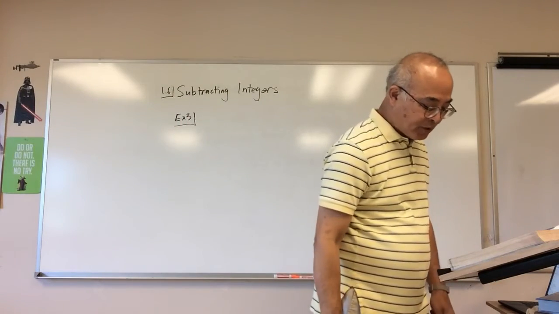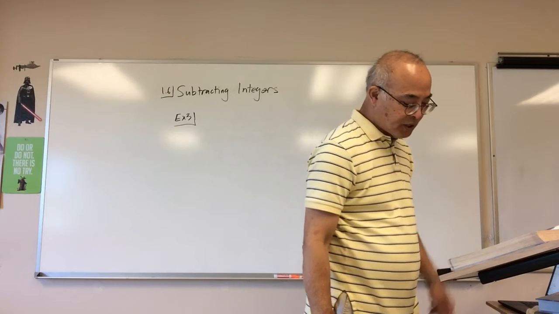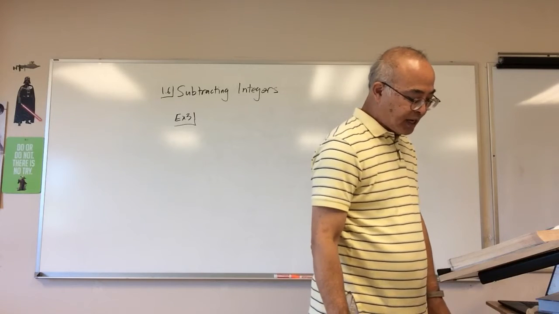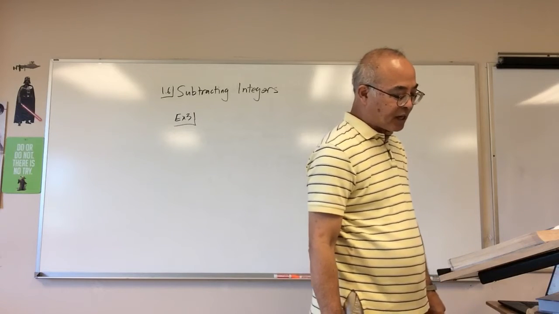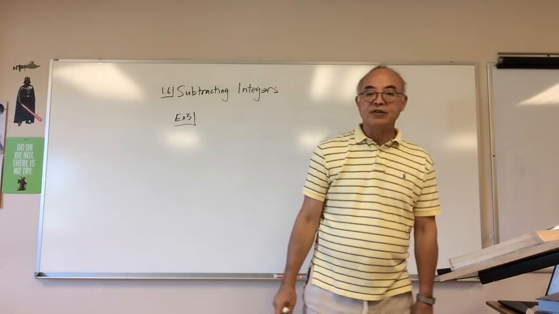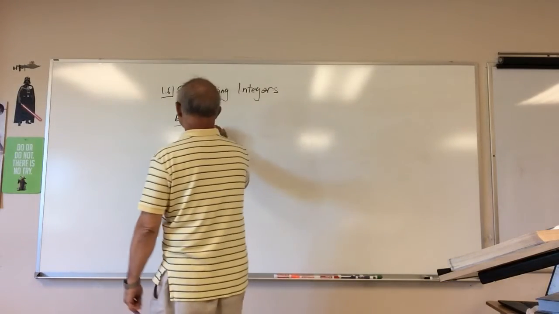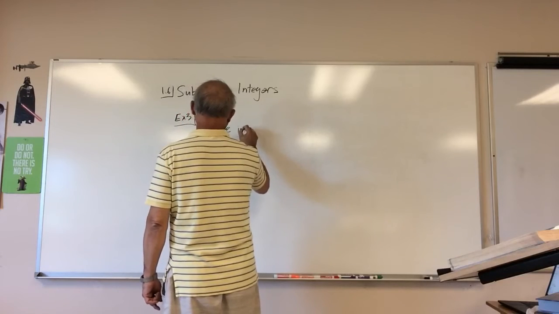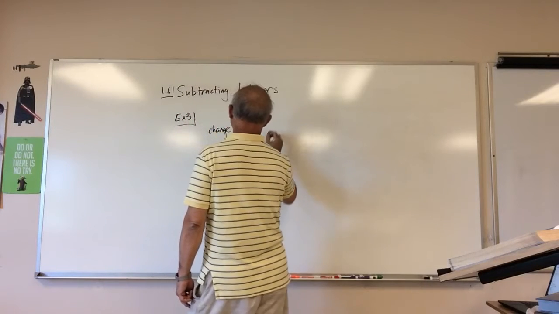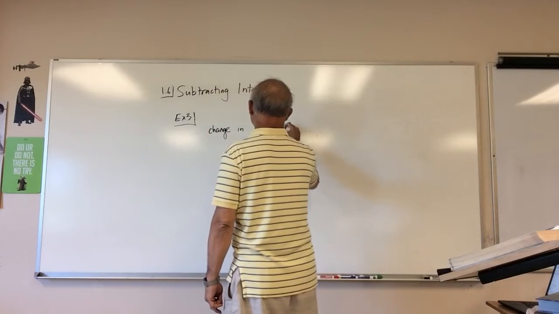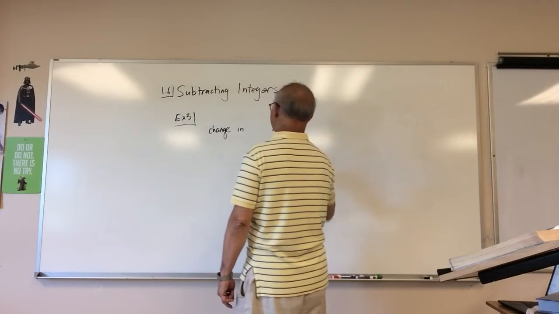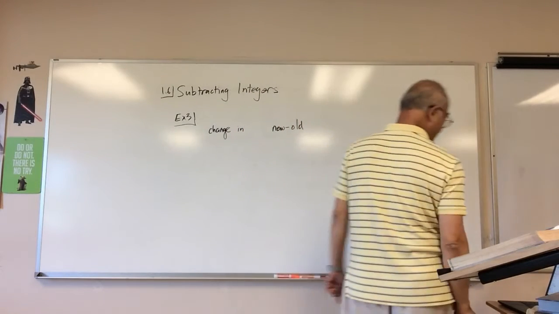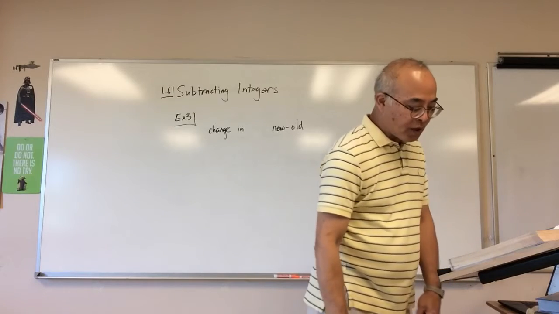Example number 3, to answer the question of elevation: the change in elevation is the new elevation minus the old. So whenever a question asks for the change in something, you always take the new and subtract out the old, okay? So the new one here is what?